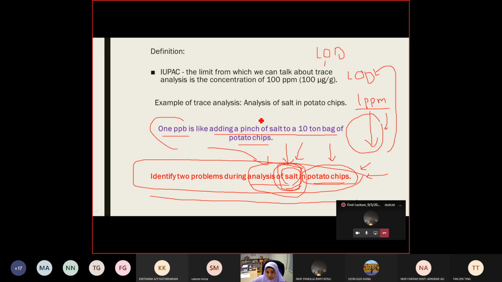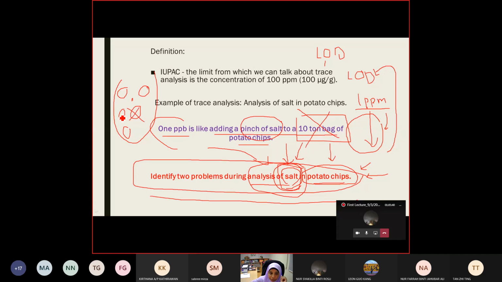You want to detect a pinch of salt, but the matrix is a 10-ton bag of potato chips. How do you detect such a small amount when you have a big amount of potato chips in your sample bag? So the first thing, you should remove these potato chips.